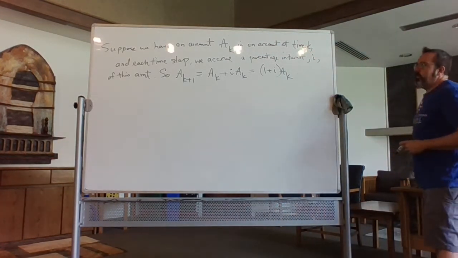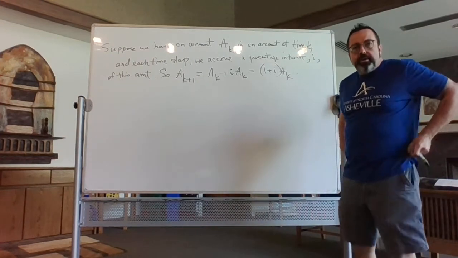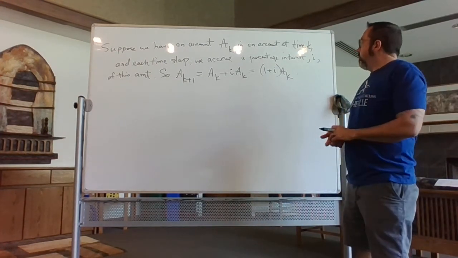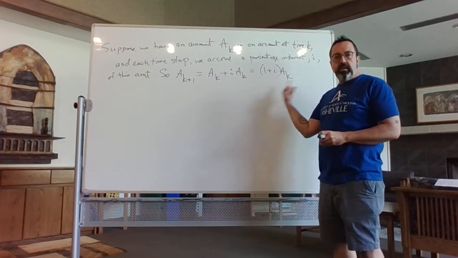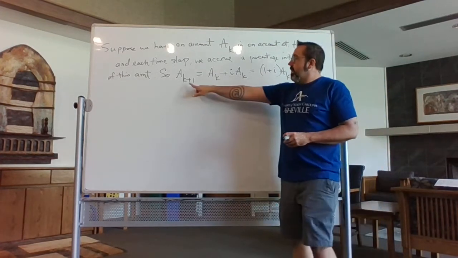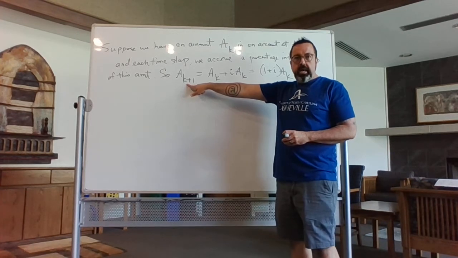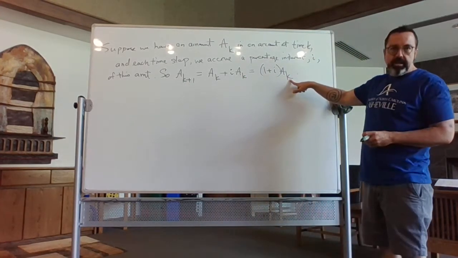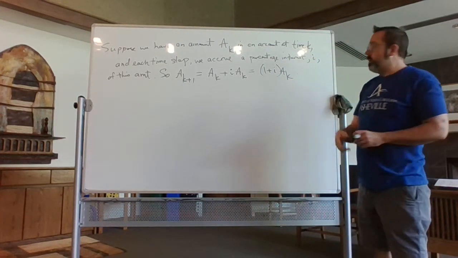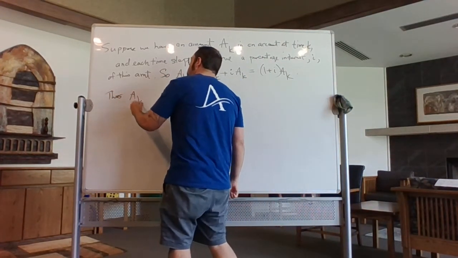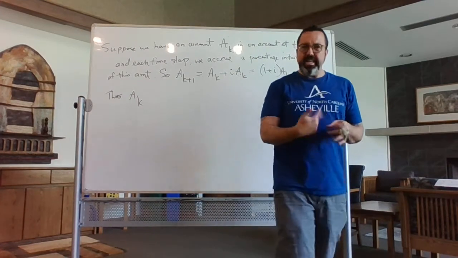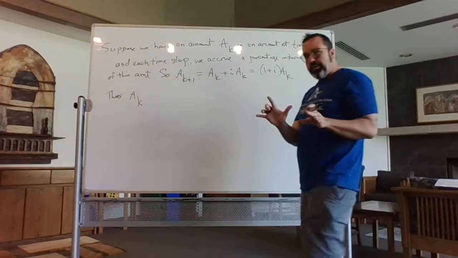But we can go a little bit further than that. The last computation I want to do is just to show you that, using this, iterating this formula gives us a closed form for expressing the amount in an account at any given time, not just in terms of the previous time step, but time steps before that. So, just to make the indices work a little nicer, I'm going to start with A sub k.